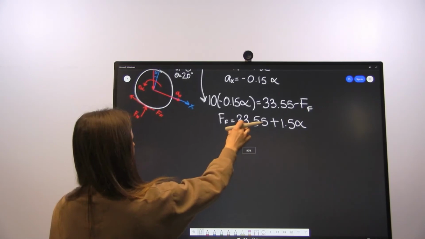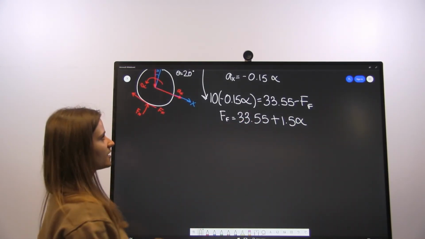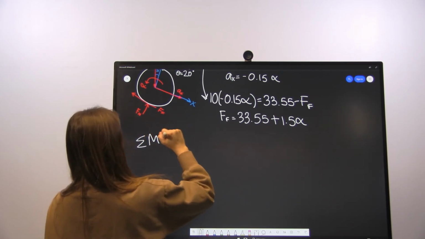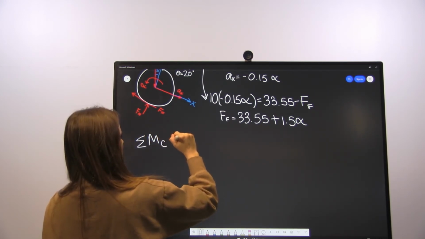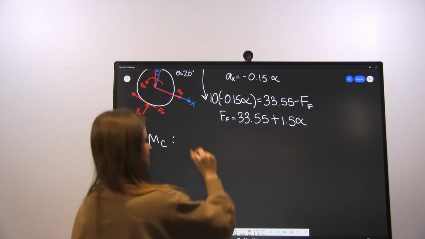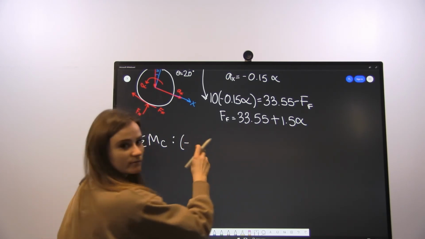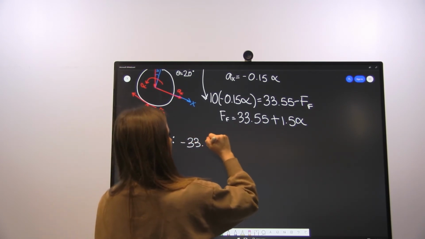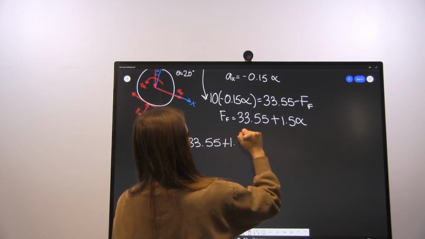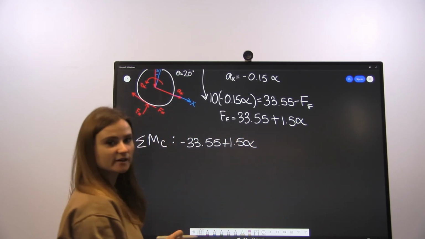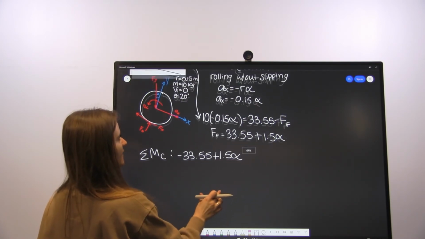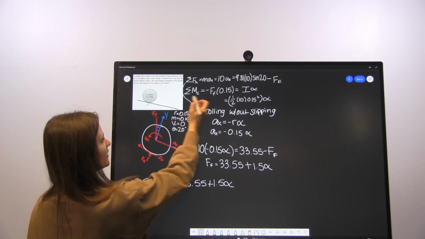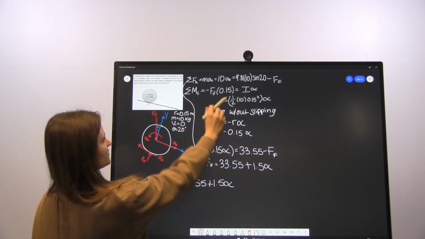So then we can also simplify our sum of the moments equation. We can simplify that to negative 33.55 plus 1.5 times angular acceleration, because up here we had our moment equation: the negative force of friction times 0.15.